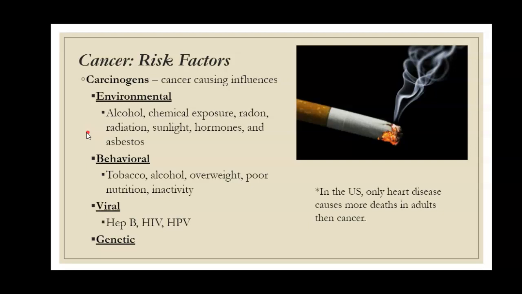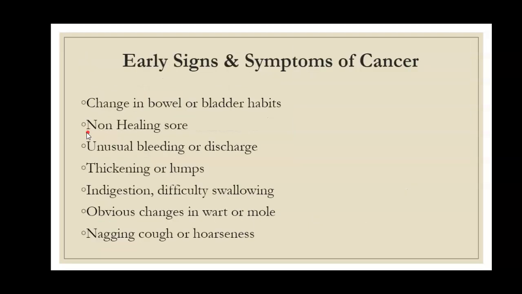Risk factors that are behavior related would be tobacco use, excessive alcohol use, obesity or chronic overweight, poor nutrition and inactivity. Viral factors would be hepatitis B and HIV, and the biggest one that we hear a lot about nowadays is HPV. And then there's a genetic component as well. And in the U.S., only heart disease causes more deaths in adults than cancer.